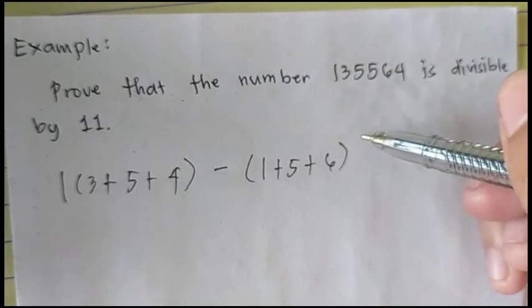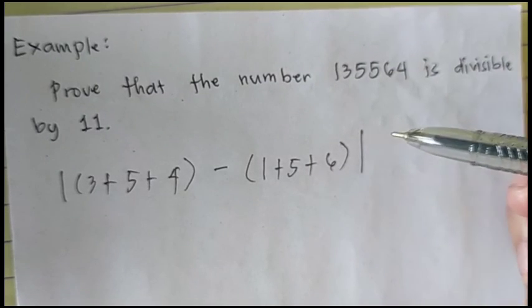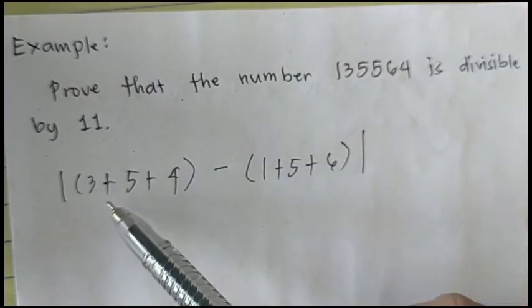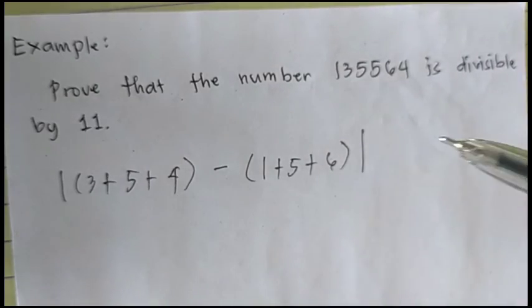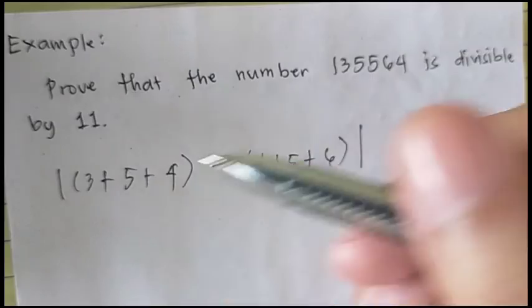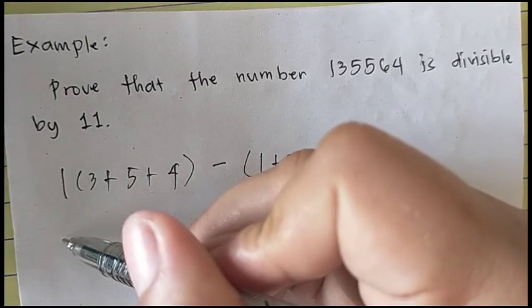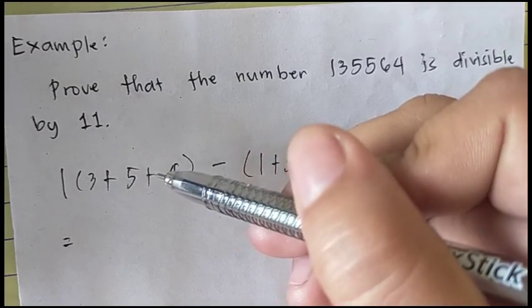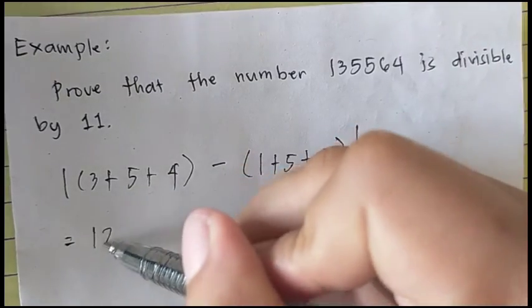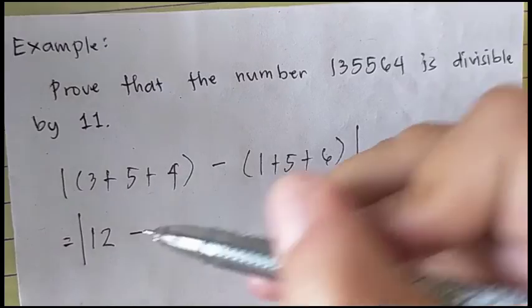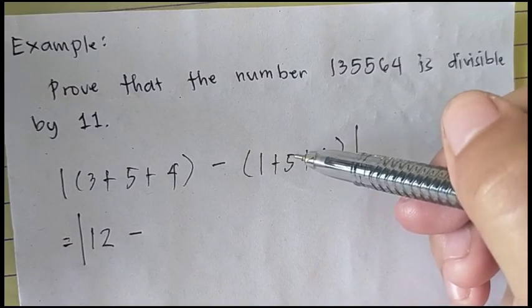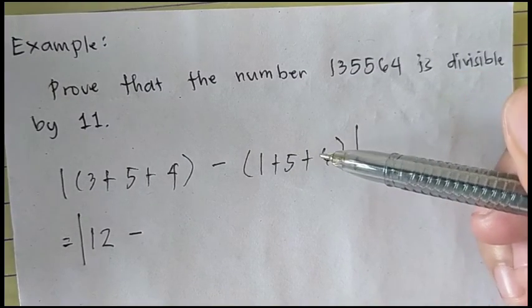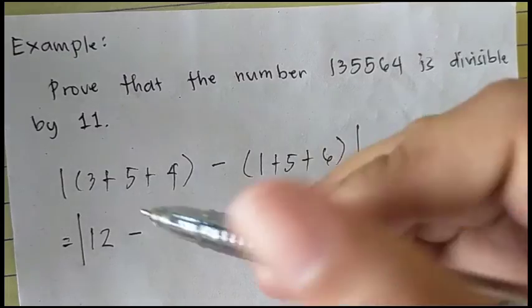Okay, so getting the absolute value of it, this is 3 plus 5 plus 4. 3 plus 5 is 8 plus 4 is 12. So 12 minus the 1 plus 5 plus 6, the odd, is also 12.